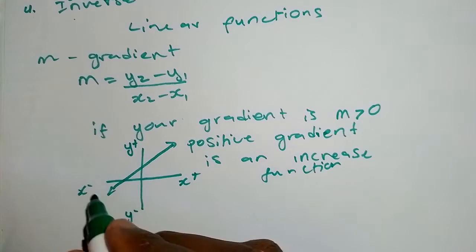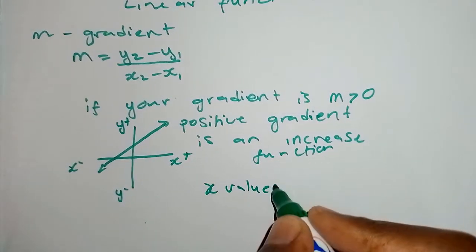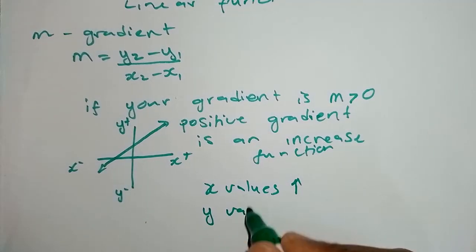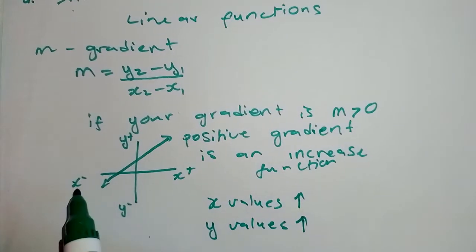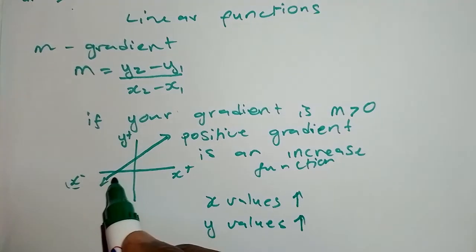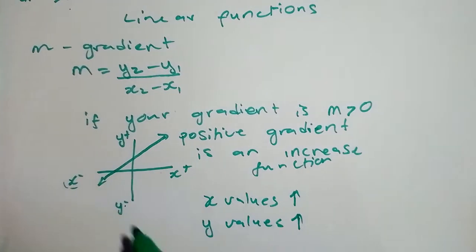If you check, when the x values increase, also the y values increase. As you can check, we're moving from negative x to a positive x, and we're moving from negative y to positive y as well.